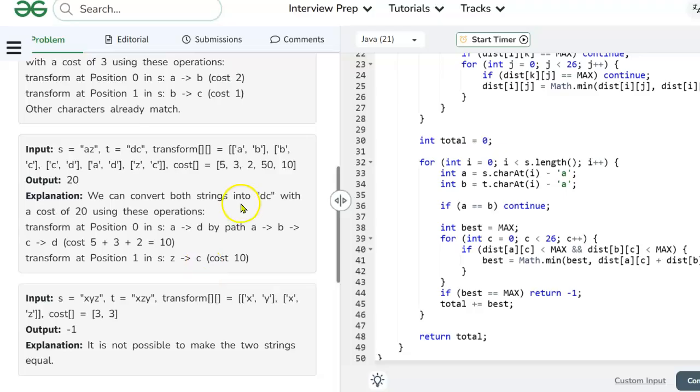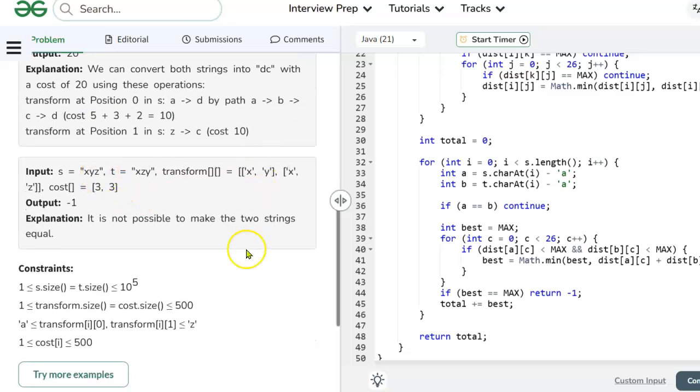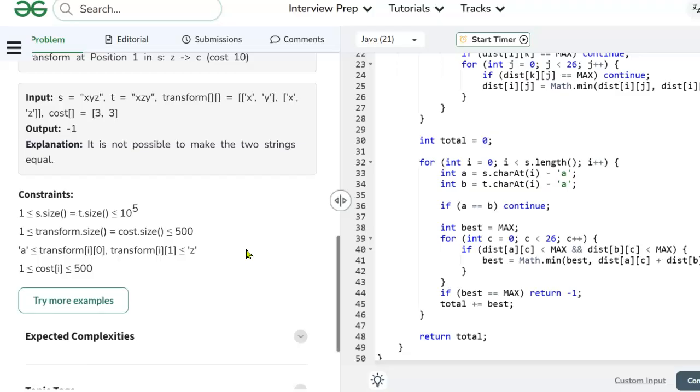That's useful because A to D at a cost of 50 is not as good as A to B and then B to C and then C to D, which would be a cumulative cost of 5 plus 3 plus 2, which is 10. So 10 plus 10, 20. This one you can look at, but there's no way to do the transform.